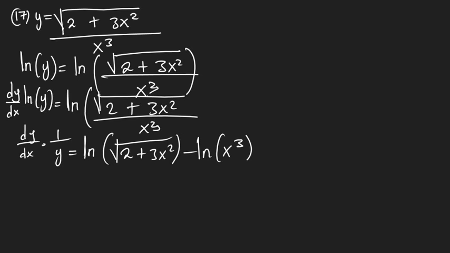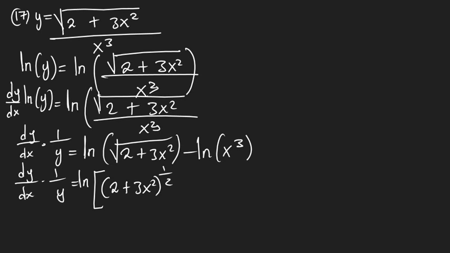Then here this is going to be dy over dx 1 over y. This is going to be like ln of 2 plus 3x to the power 2 to the 1 over 2, minus ln of x to the cube.